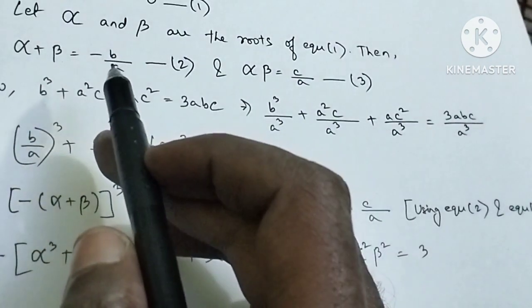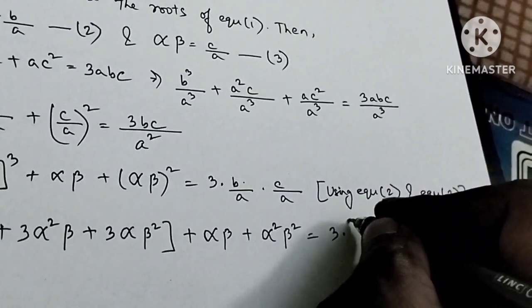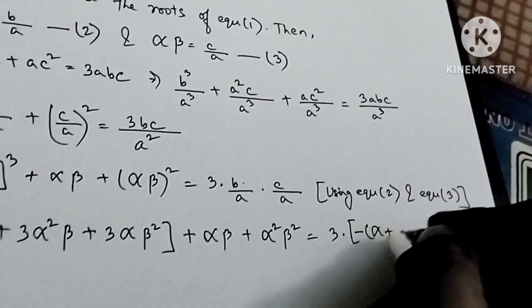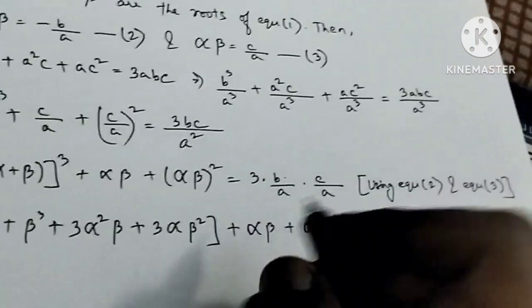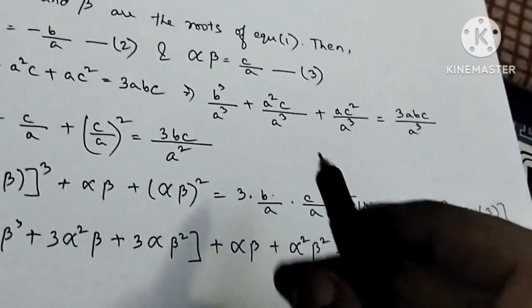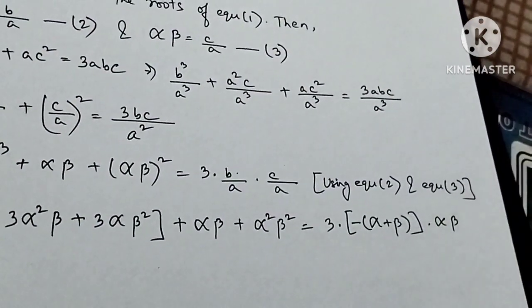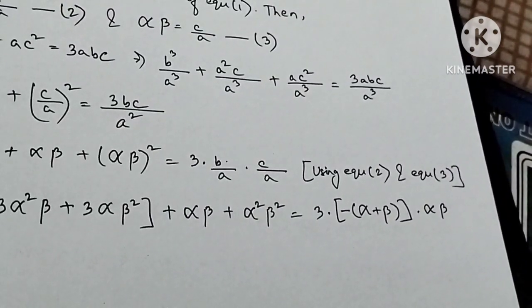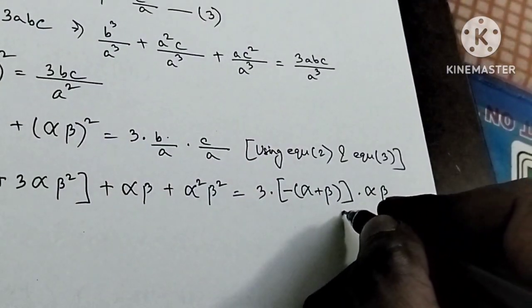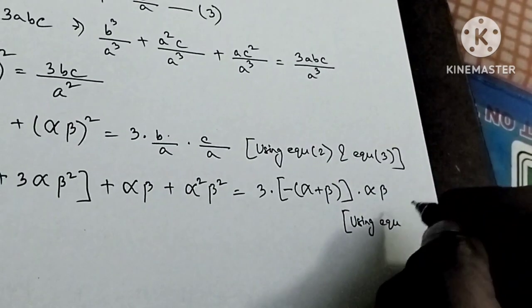Since alpha plus beta is equal to minus b by a, b by a means minus alpha plus beta, and c by a means alpha beta. Again we write using equation 2 and 3.